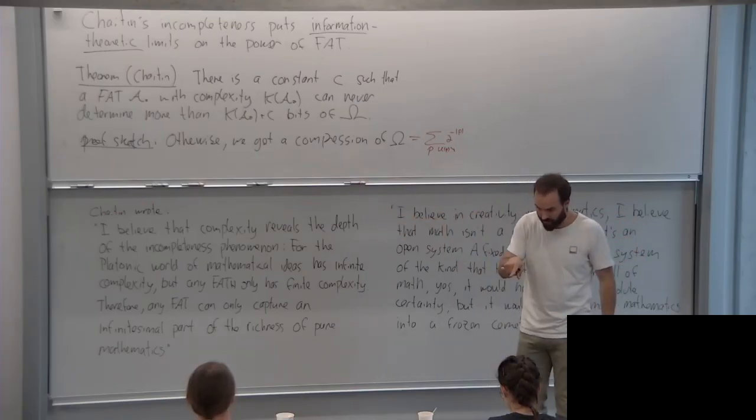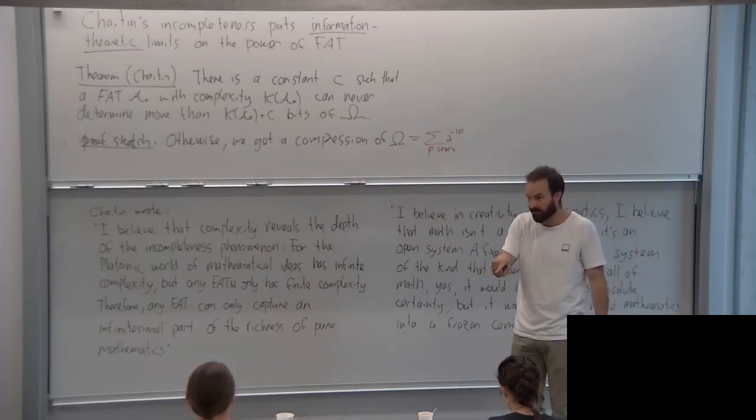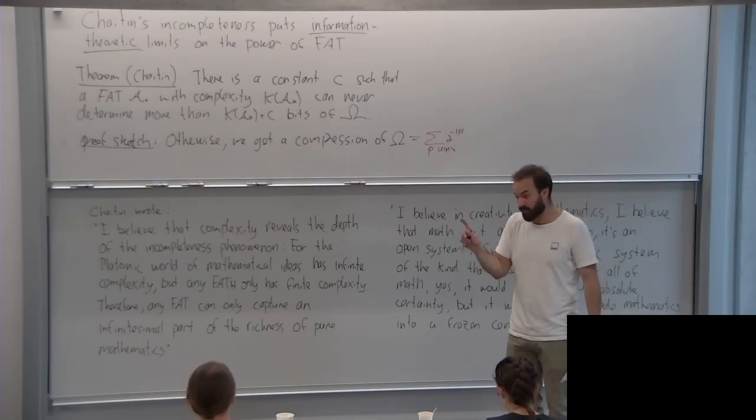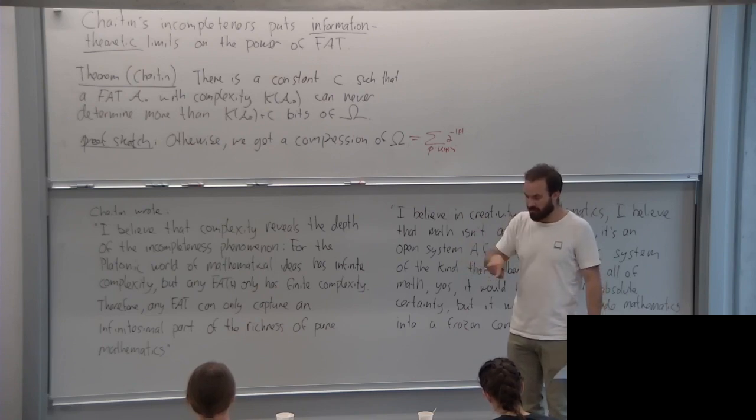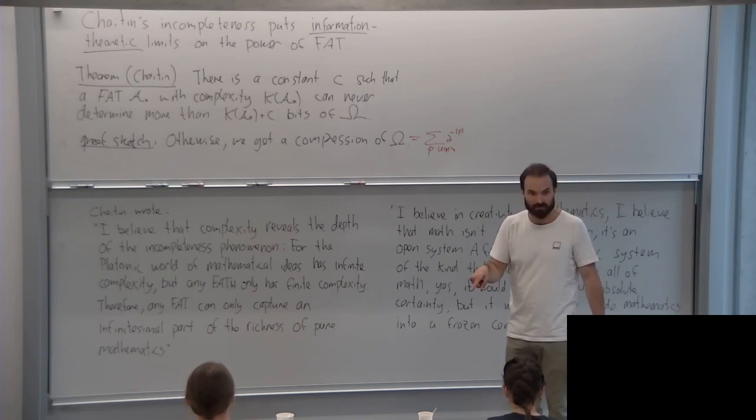Let me check the halting status of Matiasevich's program. If the program says it keeps on looping, it means it will not find a counterexample to the Riemann hypothesis. It means the Riemann hypothesis is true. If Omega tells me, oh no, Matiasevich's program has halted, it means it has found a counterexample. It means the Riemann hypothesis is false.